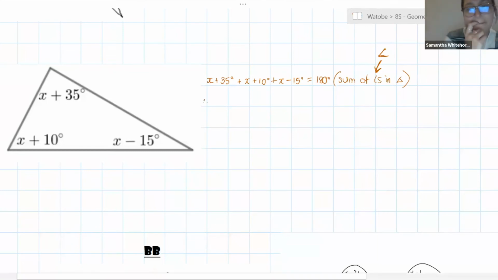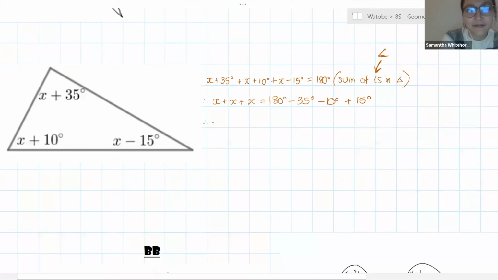Then I moved the numbers to the other side and the x's to its own side. So x plus x plus x equal 180 minus 35 minus 10 plus 15. Excellent, guys. Those inverse operations, so important. Keep going.